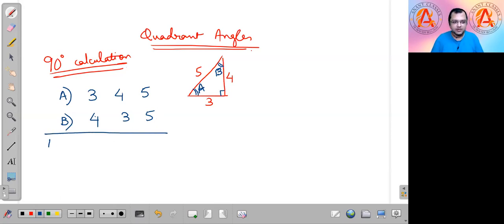Now just add this A plus B and tell me what is the triple. You remember the calculation method? Product of first column minus product of second column. Can you calculate these three values?